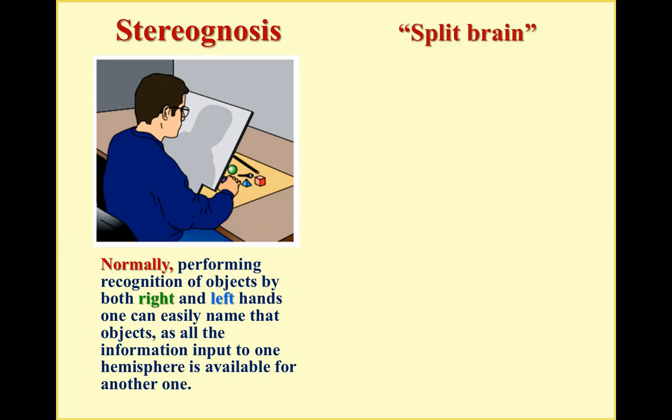Split brain. What is split brain? This is a brain with cross-section of the corpus callosum fibers. So two hemispheres become separated.